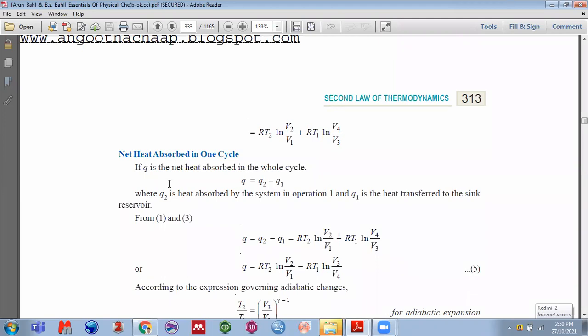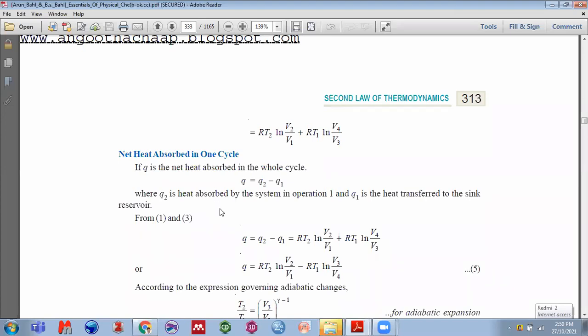So net heat absorbed in one cycle, if Q is the net heat absorbed in the whole cycle, that is Q equal to Q2 minus Q1, where Q2 is heat absorbed by the system in operation 1 and Q1 is the heat transferred to the sink reservoir.